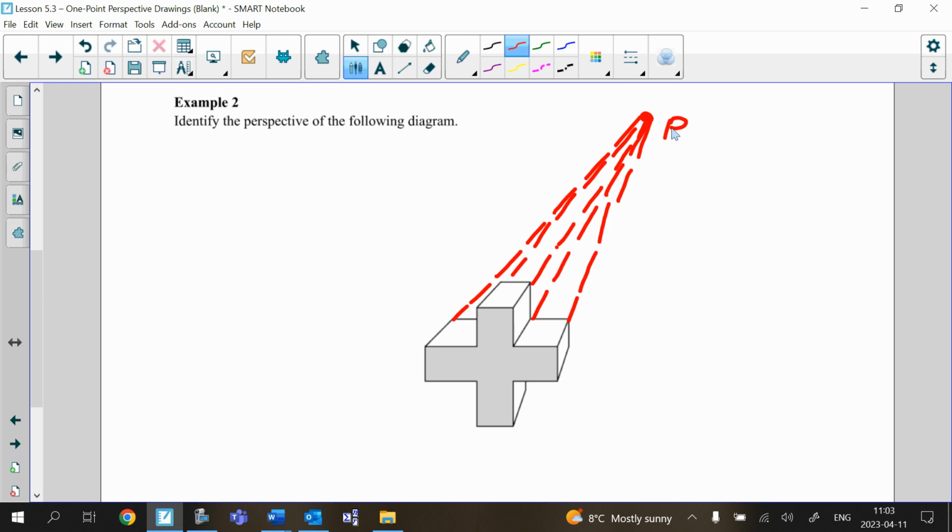So go to exercise 5.3, get your exercise out. Change the last word in number 7 from below to above. That means you'll draw the vanishing point above it. So number 7, change the last word from below to above.